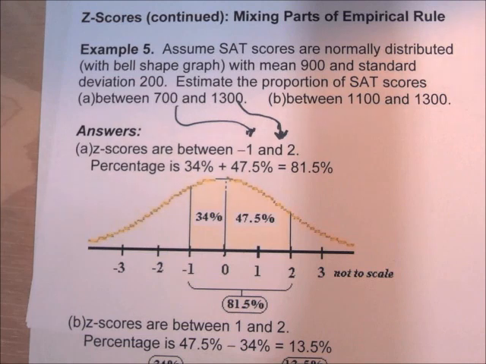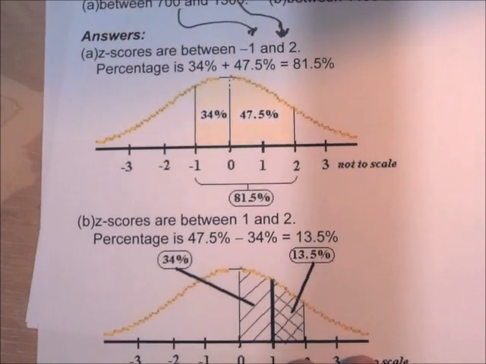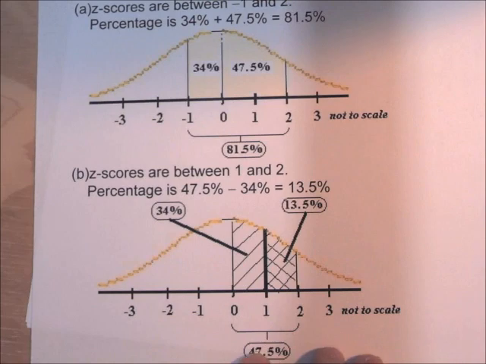And then for the z-scores between +1 and +2, again, apply Empirical Rule Parts 1 and 2. If you apply Part 2, that'll give 47.5% between 0 and 2. But that's more than what we want.